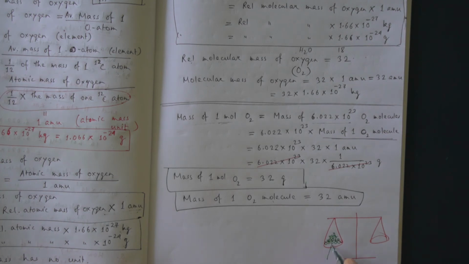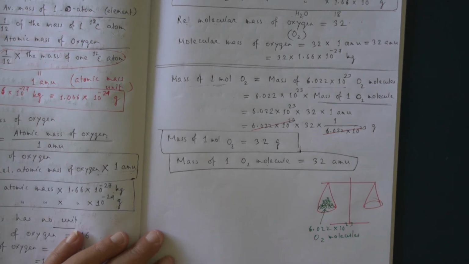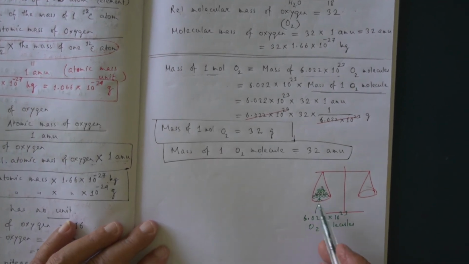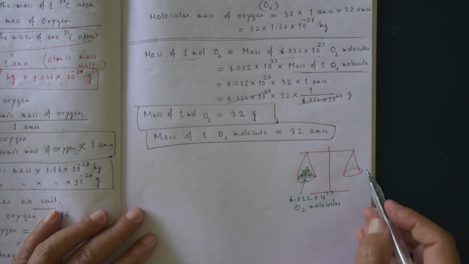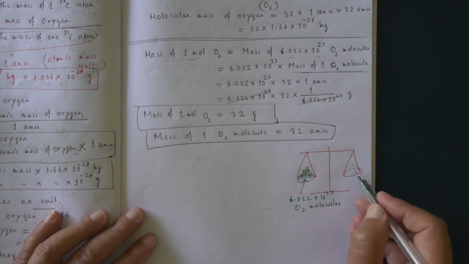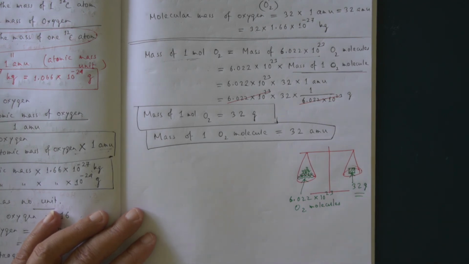How many oxygen molecules are you taking? 6.022 into 10 to the power 23 oxygen molecules. This many oxygen molecules you are taking here, what will be the weight? The weight will be 32 gram.